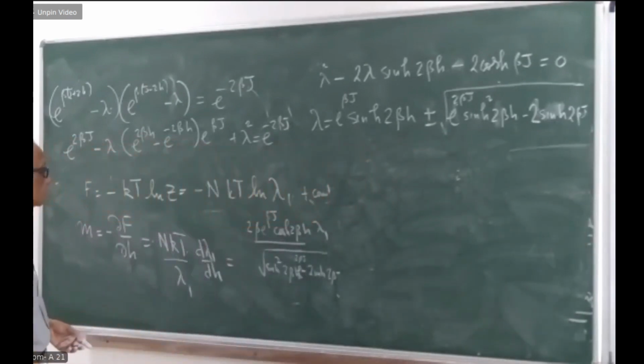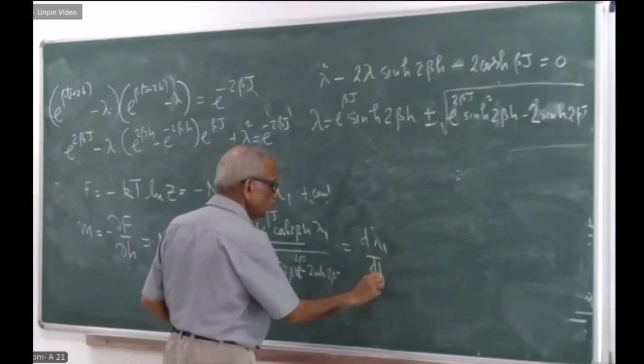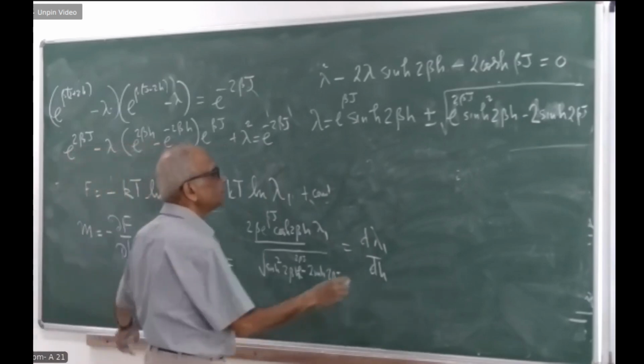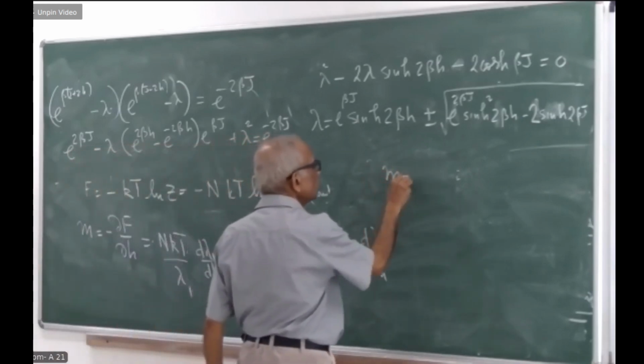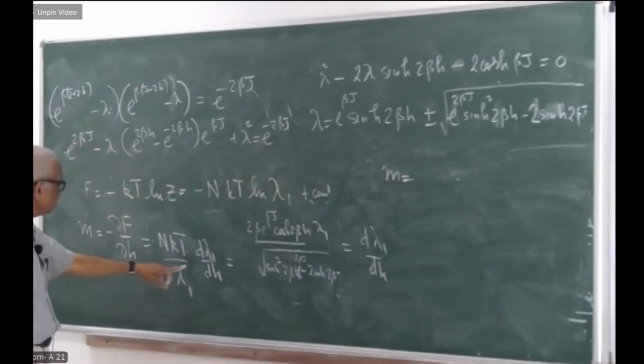So here is my free energy. What was this that I calculated? d lambda 1 dh, right? So this is equal to d lambda 1 dh. And then you look at, so m is equal to, it is N kT times this.